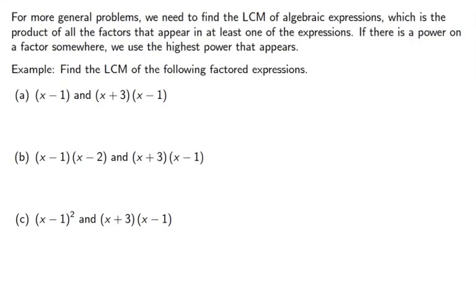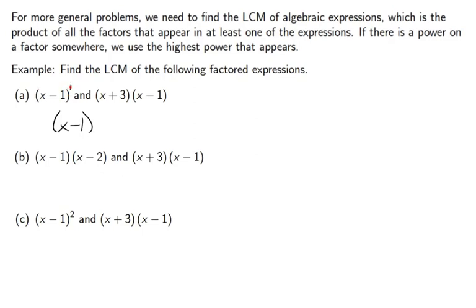So, here's how it works. First off, if there's any numbers, just find the common multiple for those numbers first. But for any expression, the least common multiple says look for any factor that appears in any of your terms. Write it down. So that's my first one. And if there's a power, we take the highest power for our LCM.